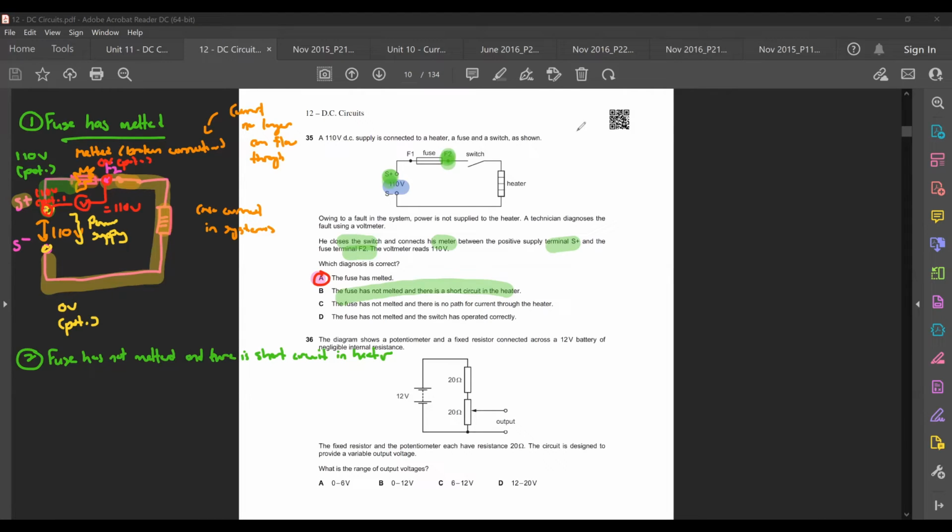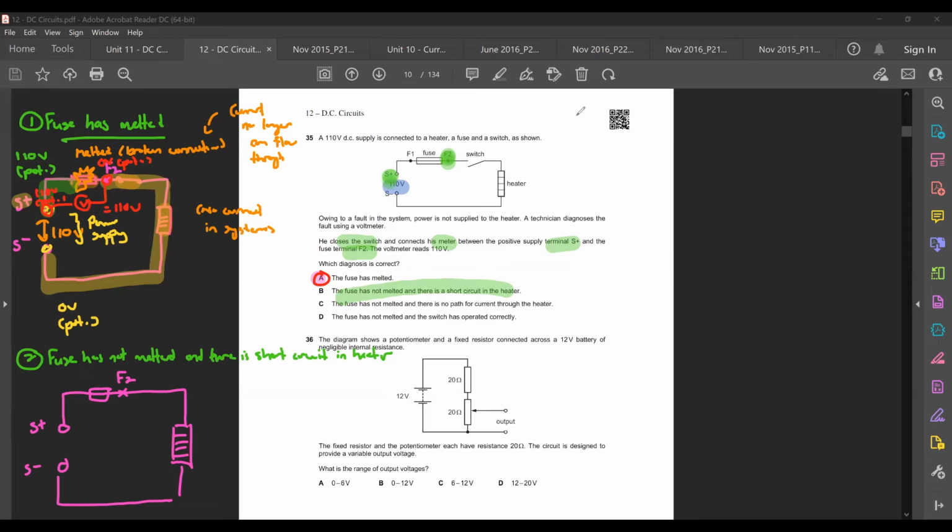So what you can then do is, again, try to redraw the same circuit. This one is S plus, S minus, same circuit, but you have the heater here, 1, 2, 3, like this. And then this one is basically your fuse. This part here is your F2, all right?